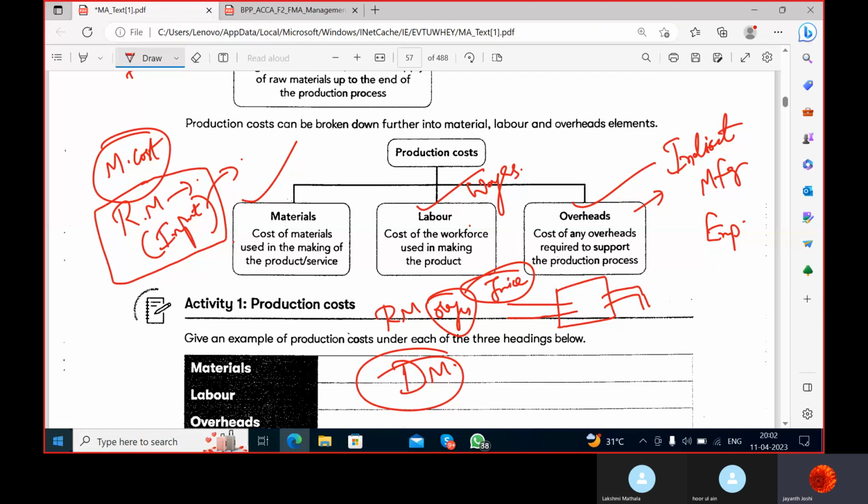Yes, sir. Now what is then indirect material? See, in my factory I will be bringing two types of material. One is the material which I will be using for production, as an input to convert into output. So the oranges in this case are my input which I am converting into juice, which is output. These oranges are a very important ingredient for my final product, and this is my direct material.